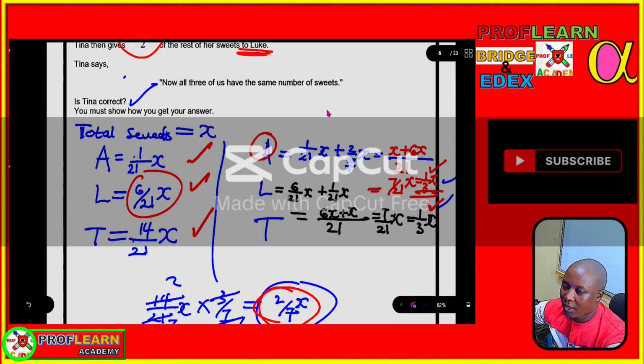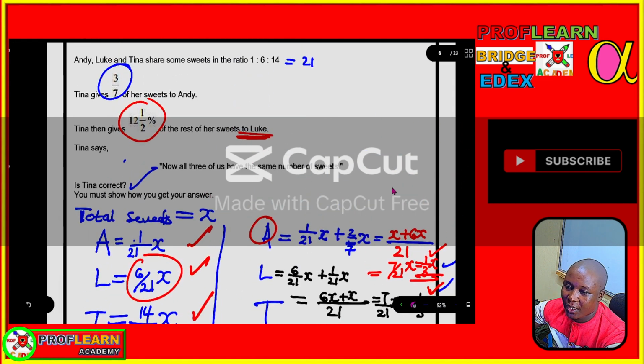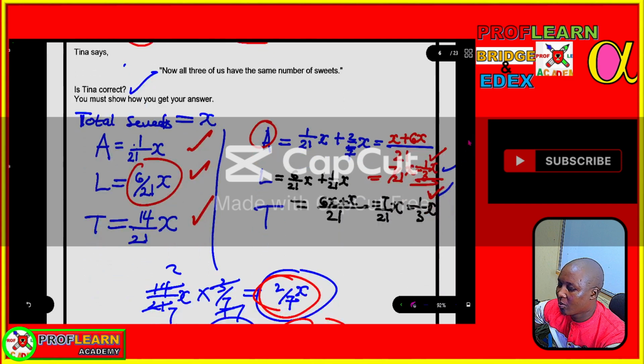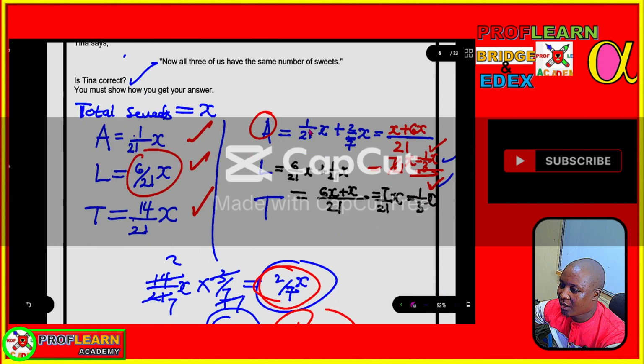Then we are told that Tina gives 12.5% of 3/7 of her sweets to Andy, which I did here. So 1/21x plus 2/7x, the final answer became 1/3x.